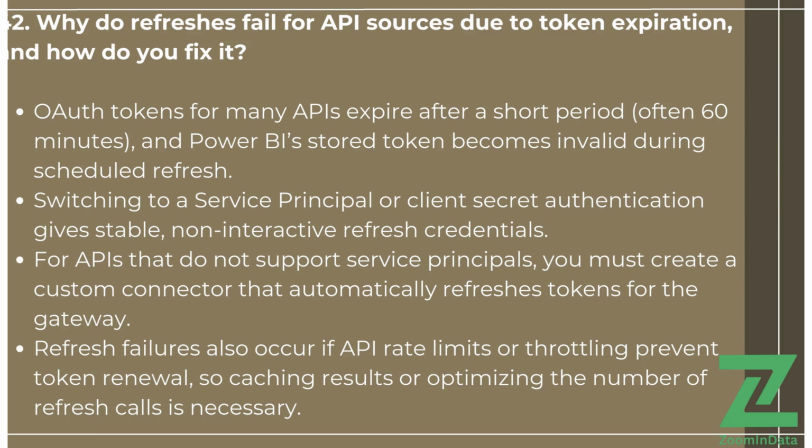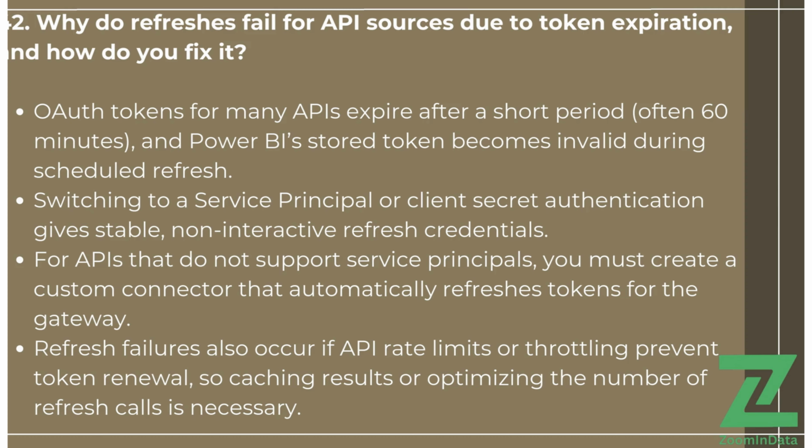42nd question. Why do refreshes fail for API sources due to token expiration, and how do you fix it? OAuth tokens for many APIs expire after a short period, often 60 minutes, and Power BI's stored token becomes invalid during scheduled refresh. Switching to a service principal or client secret authentication gives stable, non-interactive refresh credentials.